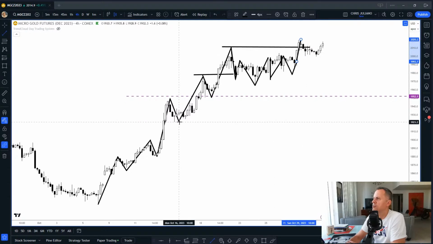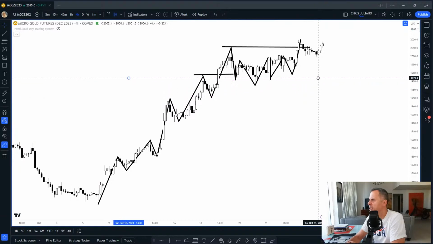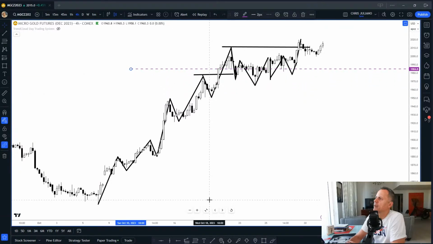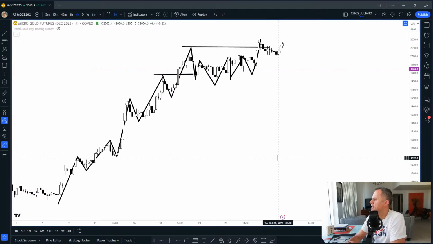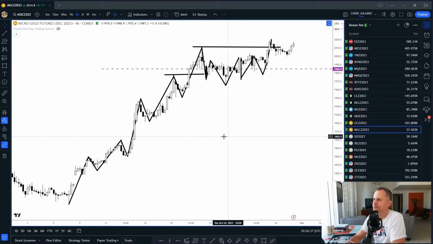Now we broke to the upside. Now you can take this and bring it to the highest peak right there. Okay, so that's a good lesson in how to trail the stop loss.